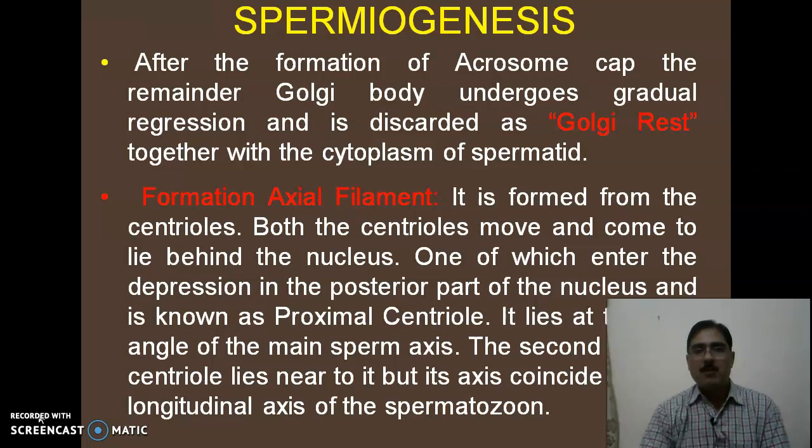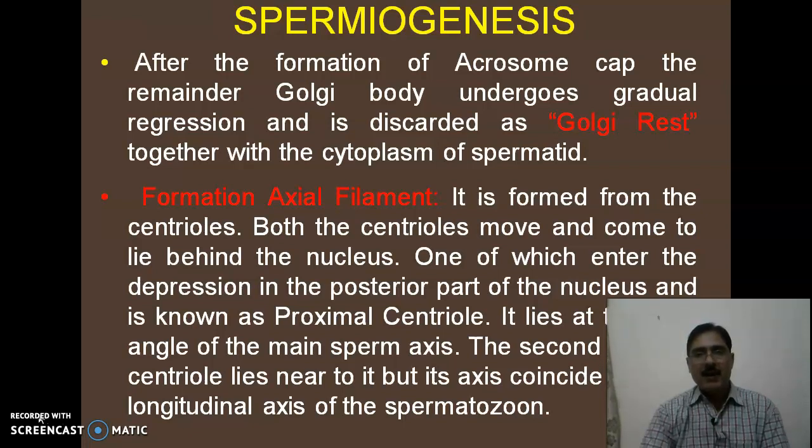Now next is the formation of the axial filament. It is formed from the centrioles. Both the centrioles move and come to lie behind the nucleus, towards the posterior region of the nucleus, just opposite to the acrosomal region. One of them enters the depression in the posterior part of the nucleus and is known as the proximal centriole, which we have already discussed when I told you about the structure of a sperm.